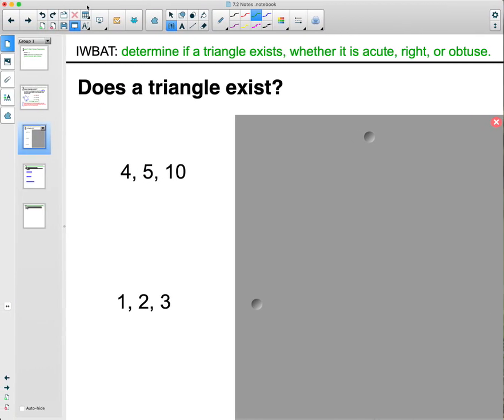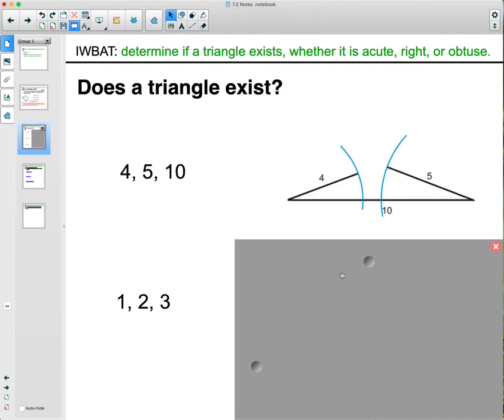So let's take a look here. Does a triangle exist in this case? 4, 5, and 10. You can see there's a diagram here to help you see this. The longer side I've placed on the bottom, so we see this 10 is the longest side.